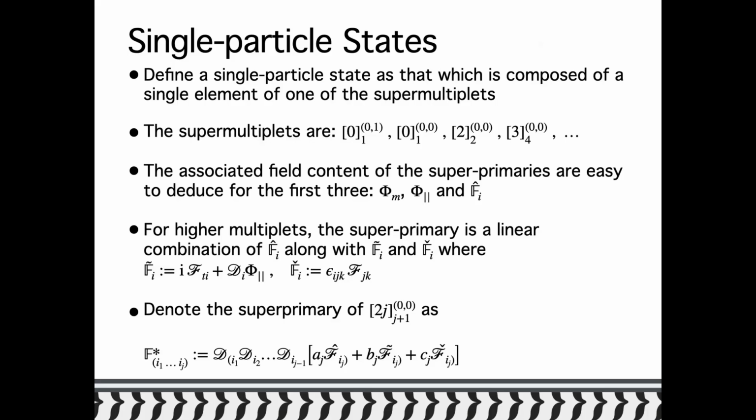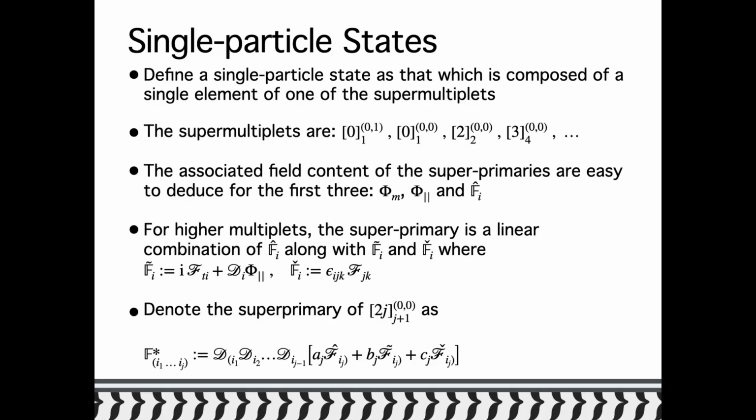We define a single particle state to be a state composed of a single element of one of the supermultiplets. In particular, the relevant supermultiplets from our point of view are these ones. They are the ones that contribute to the single letter partition function, the thing that you put inside the plethystic exponent to generate the full partition function. So there is one multiplet whose superprimary is uncharged under the SO(3).